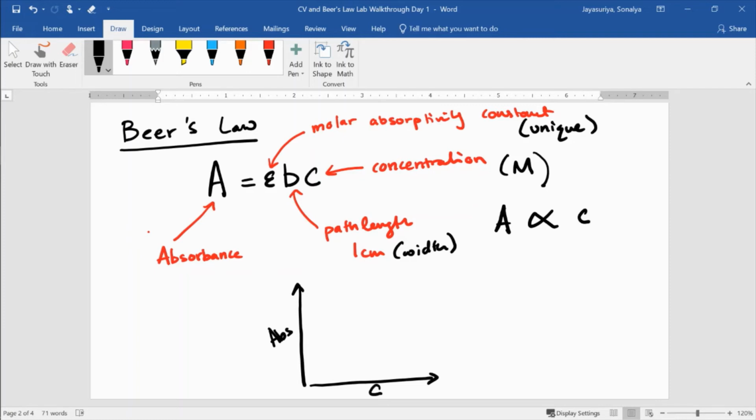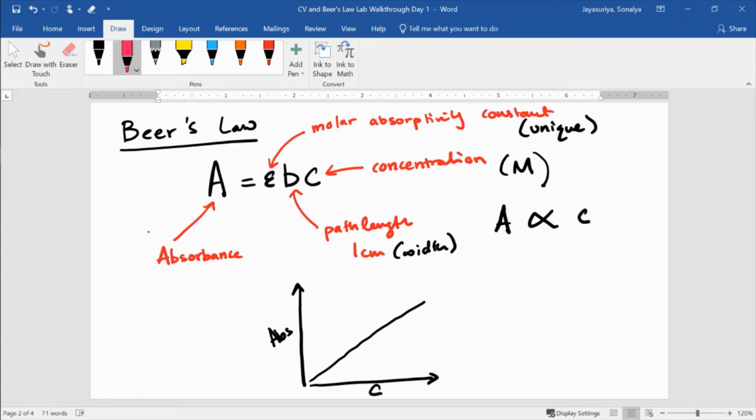So if you graph absorbance and concentration linearly, okay, absorbance on the y-axis and concentration on the x-axis, you're going to get a linear relationship here, okay? And your molar absorptivity constant is actually the slope of your equation.